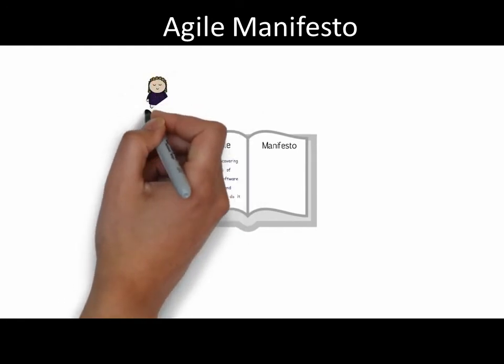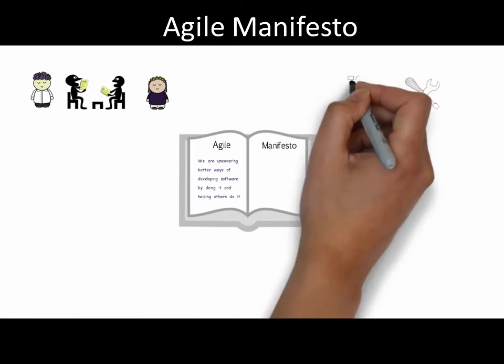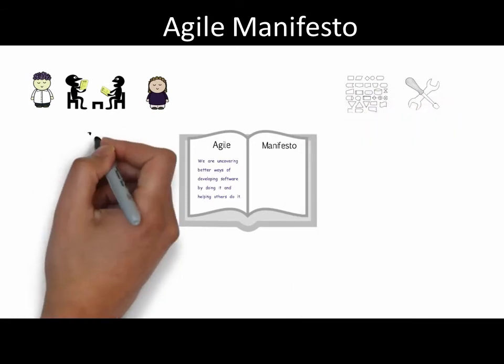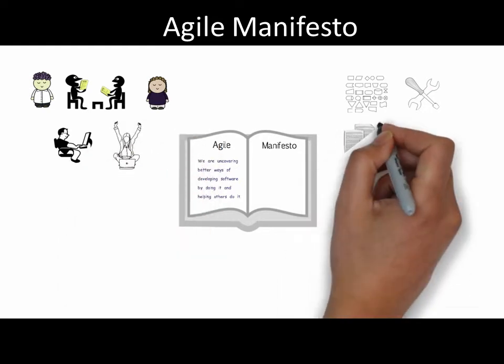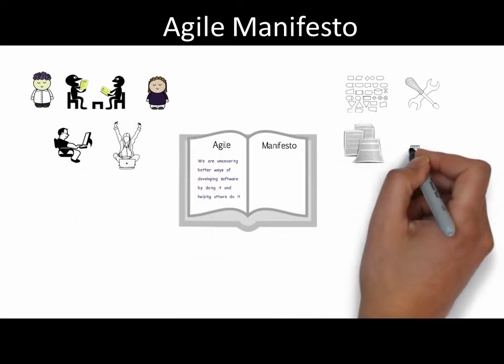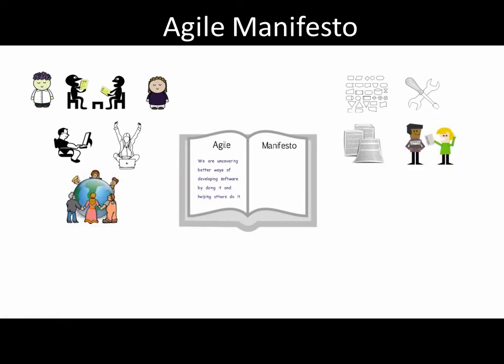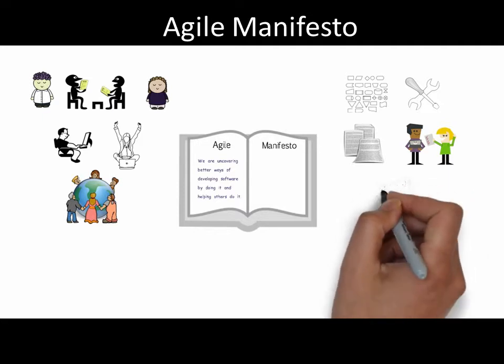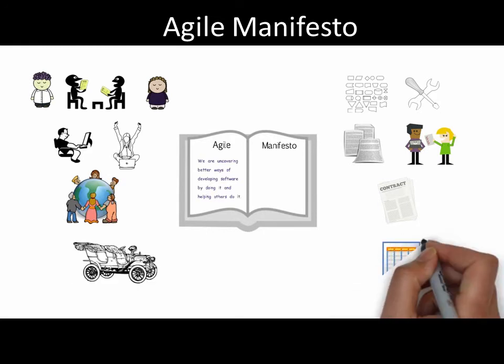Through this work we have come to value individuals and interactions over processes and tools, working software over comprehensive documentation, customer collaboration over contract negotiation, responding to change over following a plan.